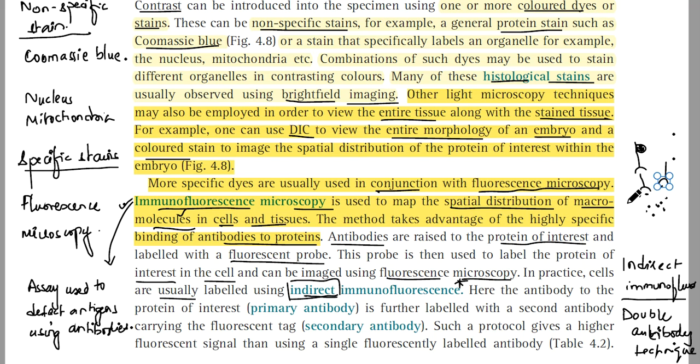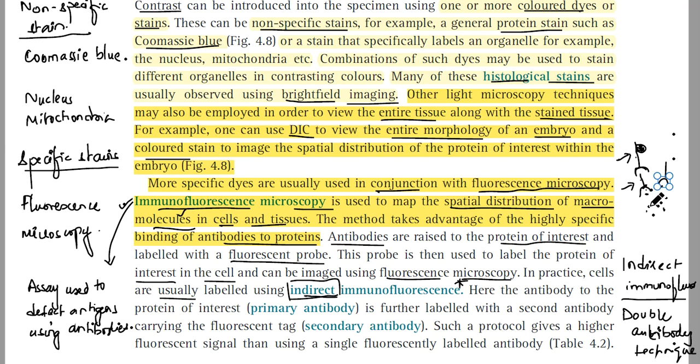This is the virus specific antigen, and the second one is the virus specific unlabeled antibody, and the third one is the fluorescent labeled antiglobulin, the term we use.